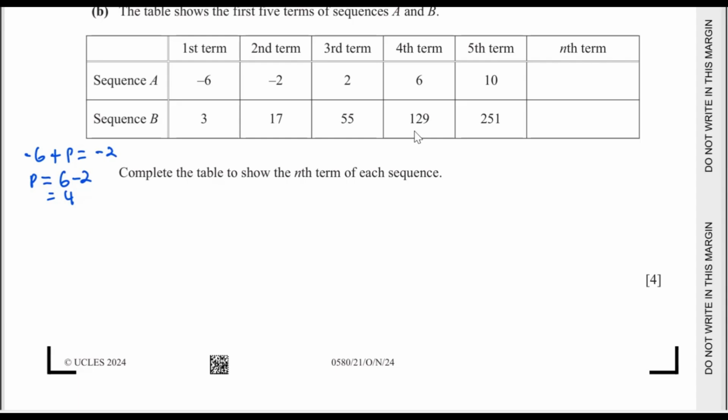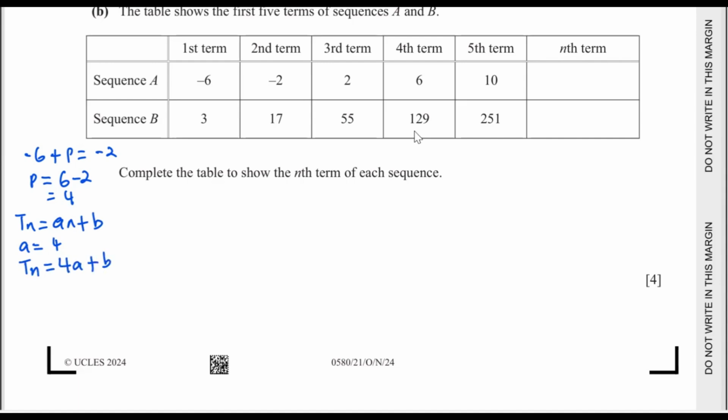So the nth term is going to be written this way, where a is going to be 4. So we have Tn equals 4n plus b.